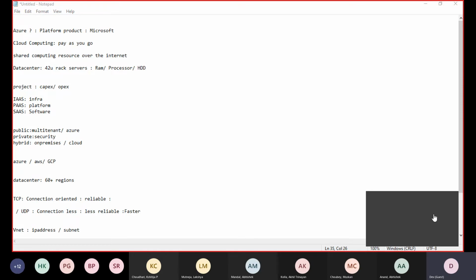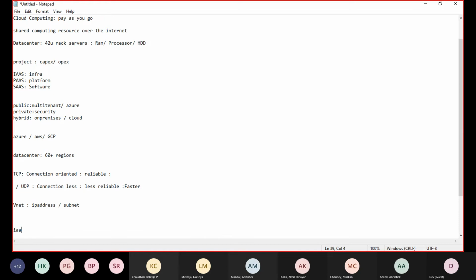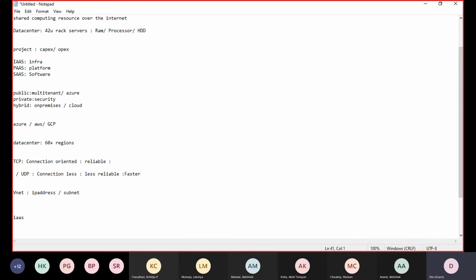If I ask you, what could be the difference between an IaaS platform and a PaaS platform? IaaS provides infrastructure such as storage and computational resources, whereas PaaS provides a platform, so tools.